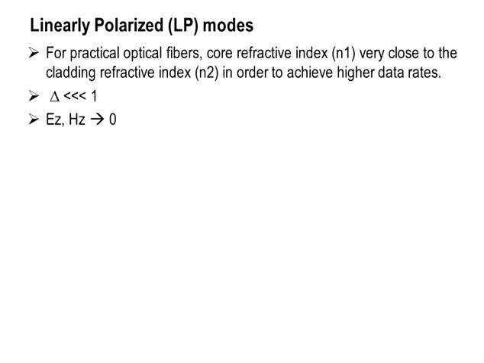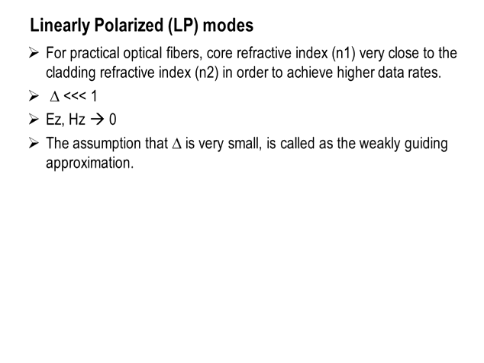If we keep on reducing this delta, that is the difference between n1 and n2, it is observed that the two components Ez and Hz will reach 0. So when these components are 0, we define the wave as a TEM wave.